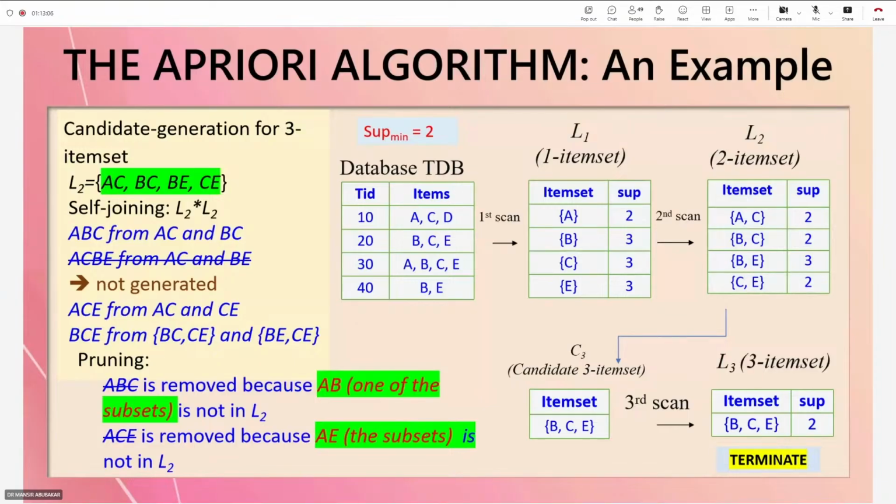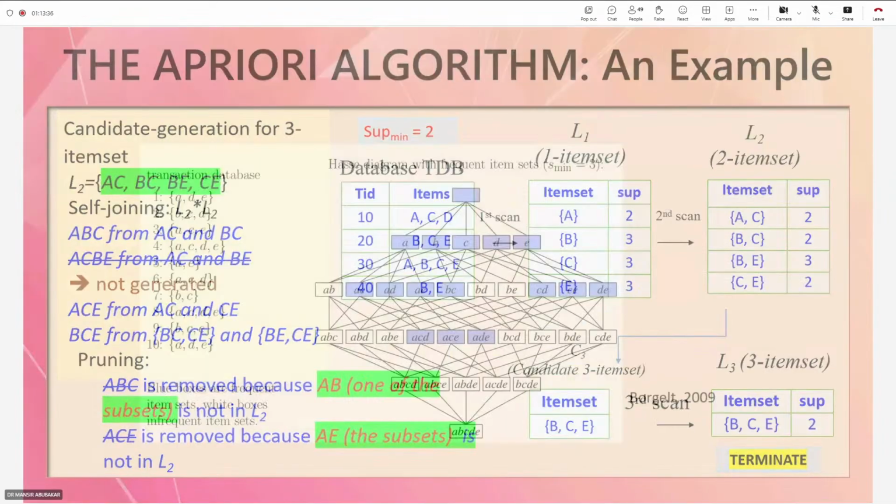So the pruning is that ABC is removed because AB, one of the subsets, is not in L2. You can see AB is not in L2. So the algorithm will just prune and remove it. And then ACE is removed because AE, the subset, is not in L2 again. You can see AE is not in L2. So the algorithm will keep on working on that up to the end, when it gets the final candidate set.